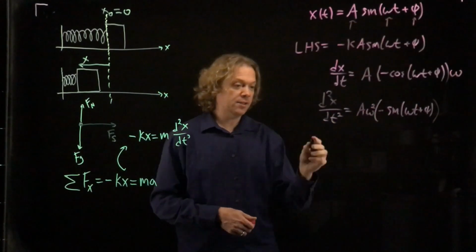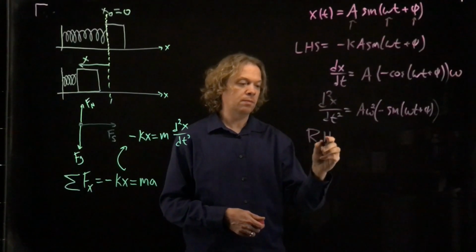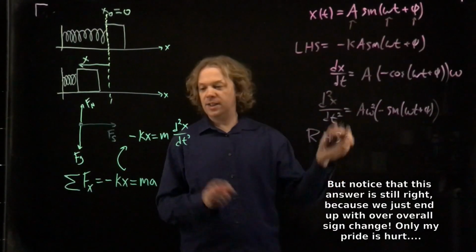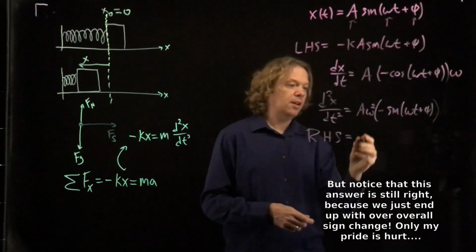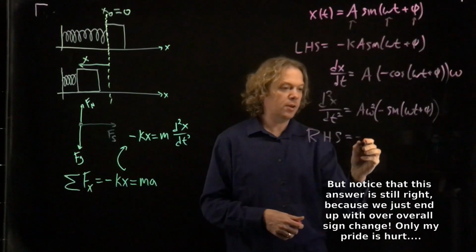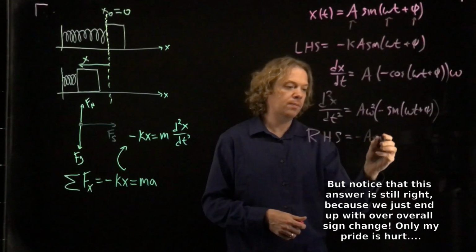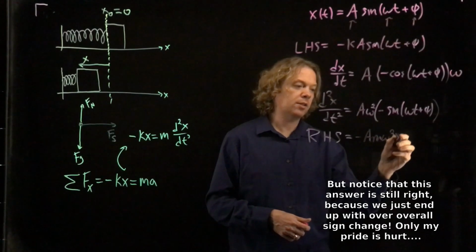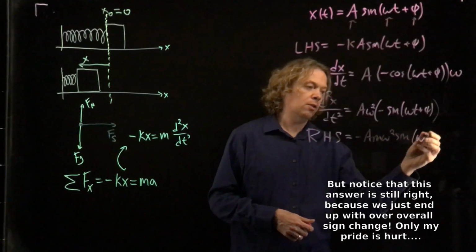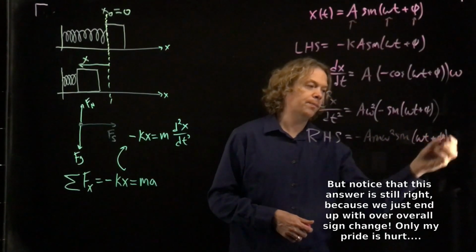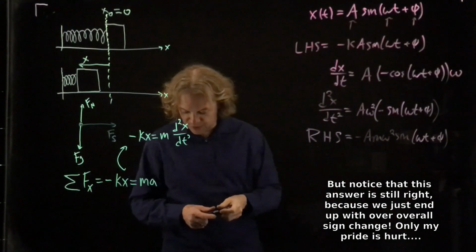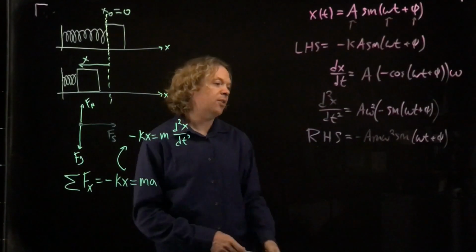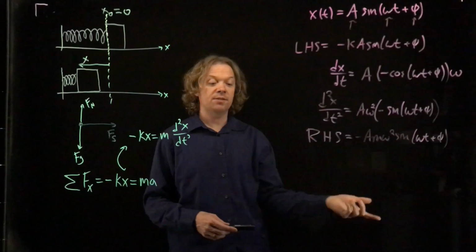So then to write the right-hand side, I just take that and multiply it times the mass. And let's put the negative sign in there, so minus a m omega squared sine omega t plus phi. Cool. So I got the right-hand side and the left-hand side written down. Now I can go ahead and check to see if they are equal to each other.